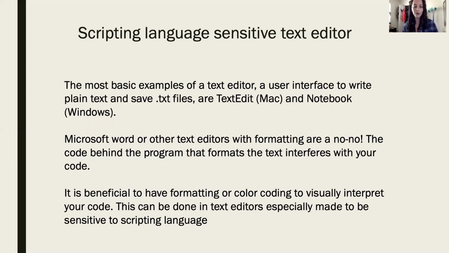We never write code in Microsoft Word or other editors where we can bold and color, because the actual code behind the program will interfere with the script you're trying to run. And so it's beneficial to have some sort of text editor where you can color code what you're writing to visually interpret it quickly and easily, but to not mess up your code down the line.